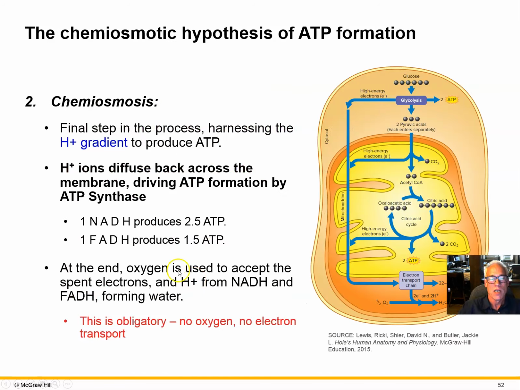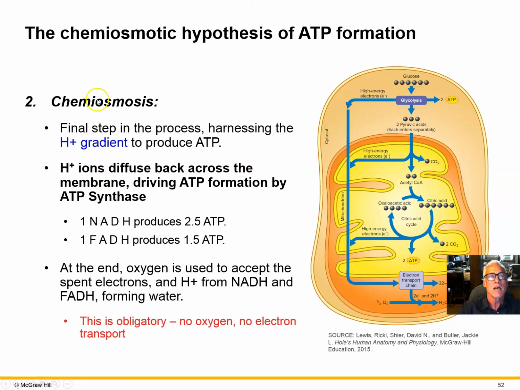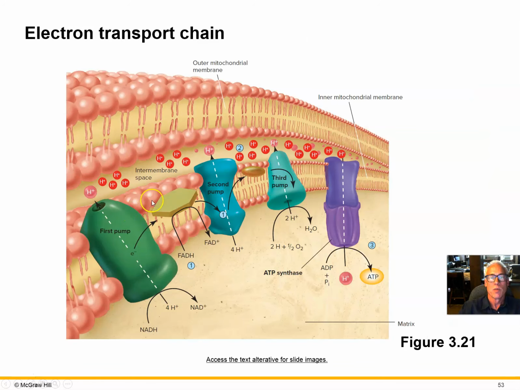Now, the reason we have this funky thing of partial ATPs is because it's not a direct thing. Chemiosmosis is this process by which you form this gigundous hydrogen ion gradient, and they are going to diffuse, or think of more of them forcing their way through a revolving door. And as they force their way through this machine, this ATP synthase enzyme, it actually turns and mechanically, mechanochemically does this reaction.